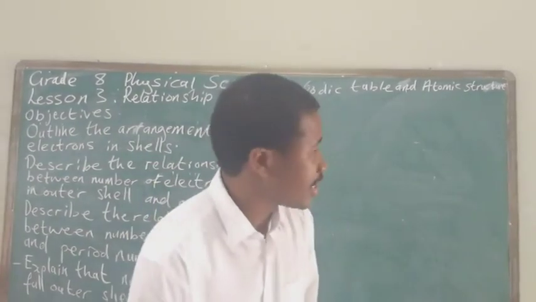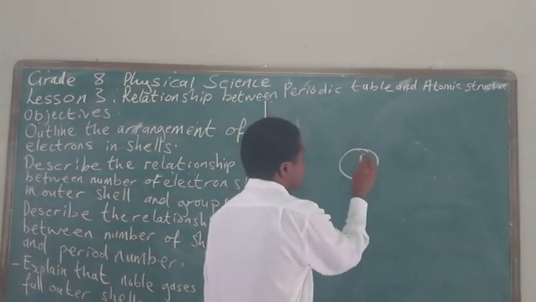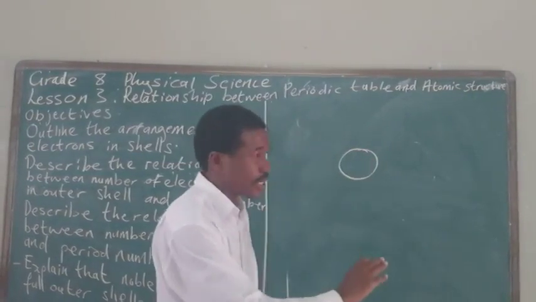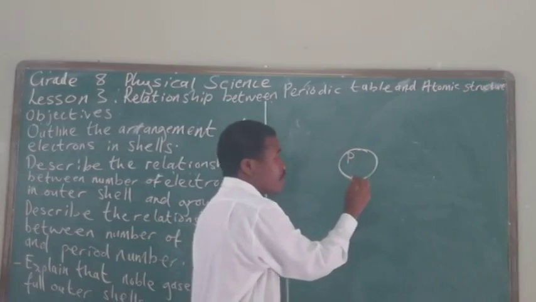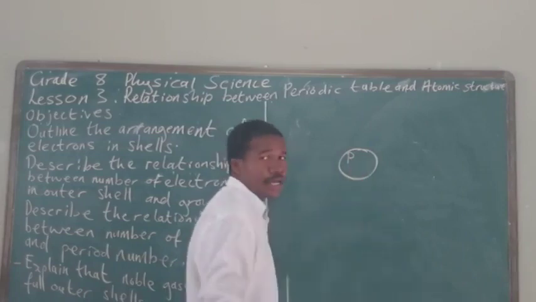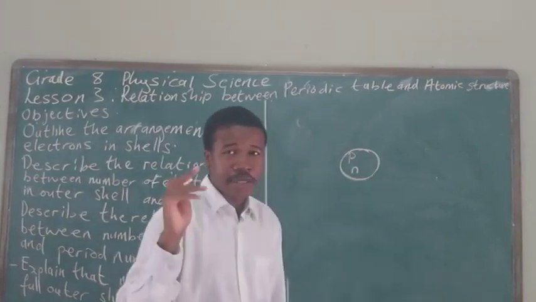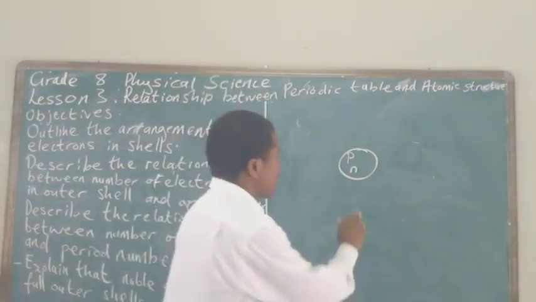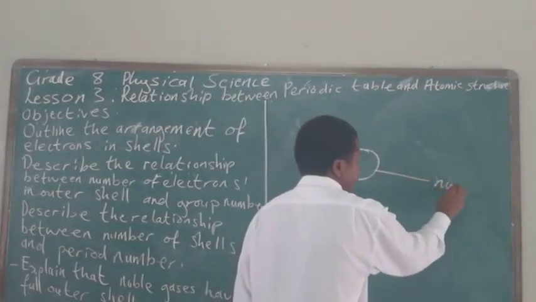Let's say this first circle represents the nucleus. Inside of this nucleus that I'm drawing, we will have the letter P, representing protons, and the letter N, small n, representing neutrons. Then surrounding this nucleus, remember, this is our nucleus.